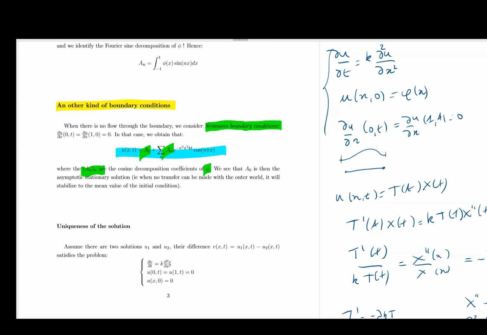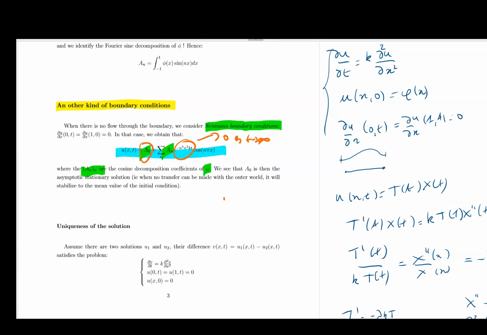And so what do we get? We get, and that's very interesting to see, that as t tends to infinity, the exponential is going to go to the exponential of negative infinity, so that tends to 0. And so that sum part is going to cancel, and your solution is going to stabilize around the mean value of the initial condition.